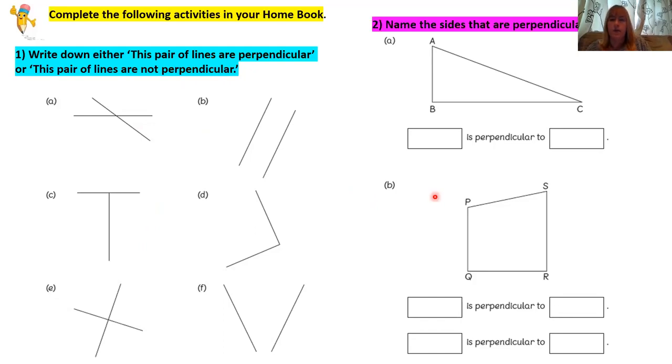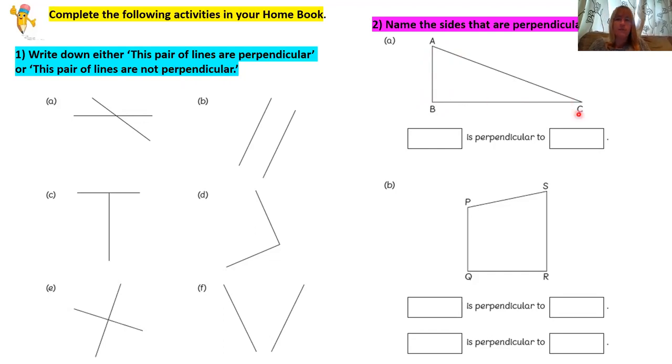And then number 2, name the sides that are perpendicular in each shape. Okay, so think about what we just did. In this triangle here, we've got the line AB, we've got the line BC, and we've got the line AC. So you need to think, is AB perpendicular to BC? Or maybe AB is perpendicular to AC?